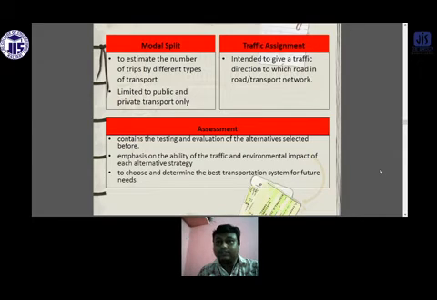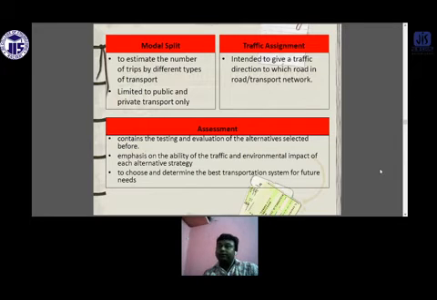So the selection of mode is another vital step for transportation planning, to estimate the number of trips by different types of transport, limited to public and private transport only. Then traffic assignment, or trip assignment, is intended to give traffic a direction, to which road or transport network.